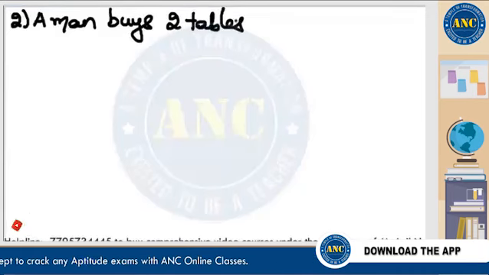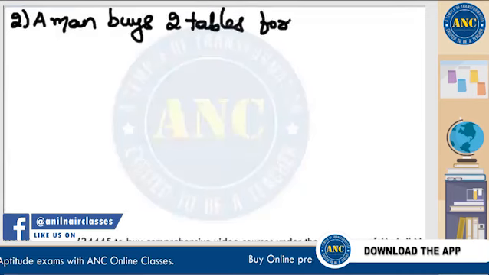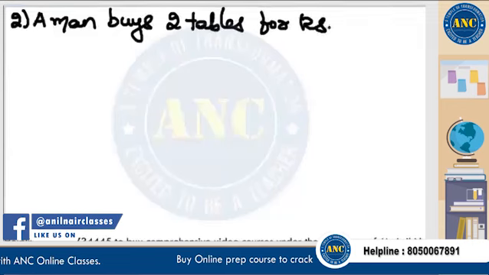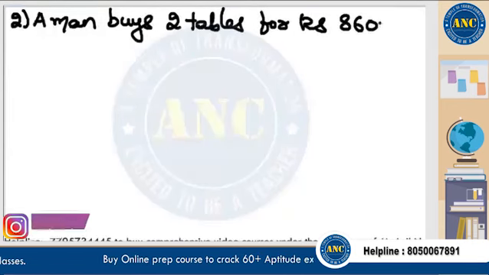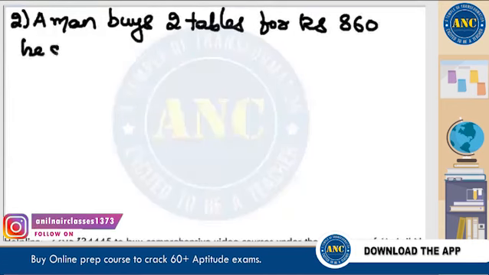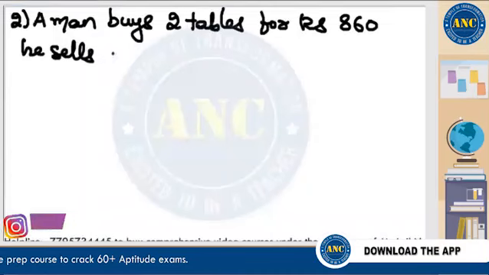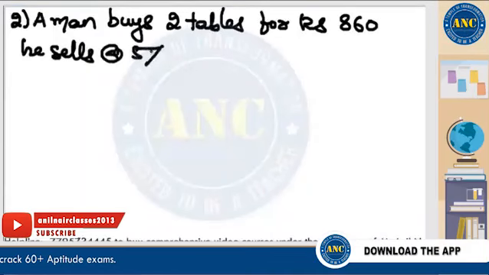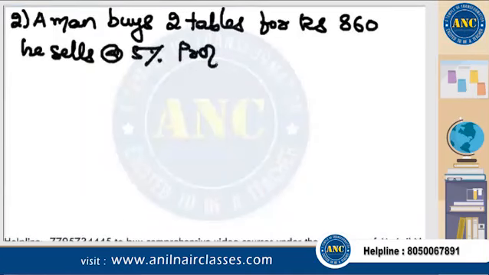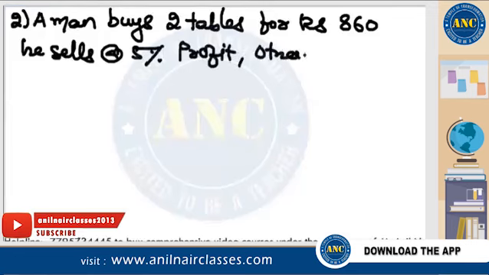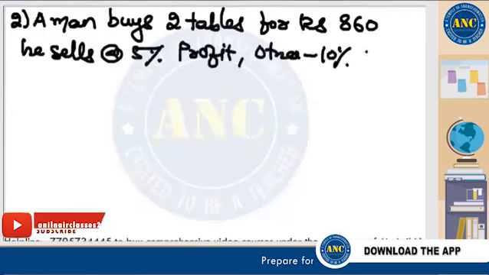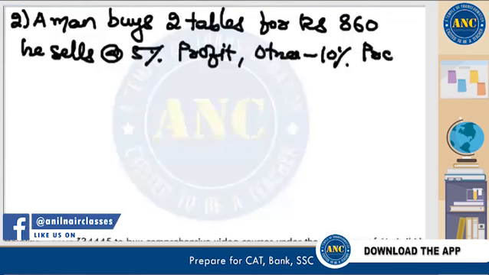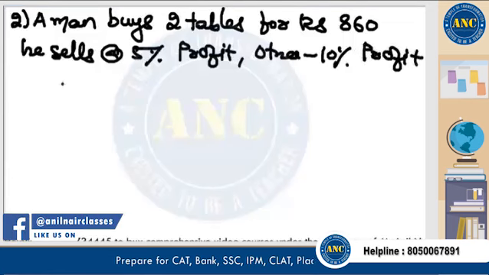A man buys 2 tables for rupees 860. Another competitive exam original question. He sells one at the rate of 5% profit and the other at the rate of 10% profit.